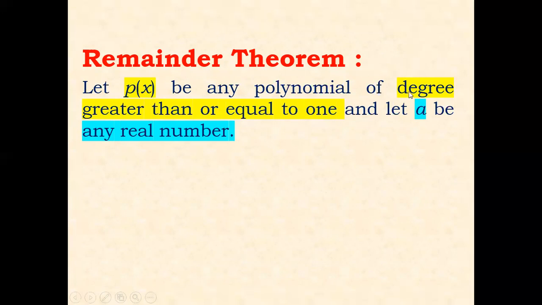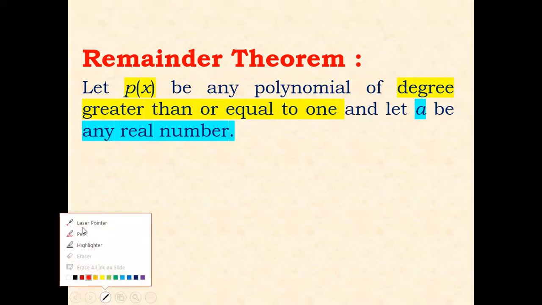Degree cannot be equal to 0 because for any polynomial P(x), if the degree is 0, then it becomes a constant polynomial. So here the degree of P(x) must be greater than or equal to 1.